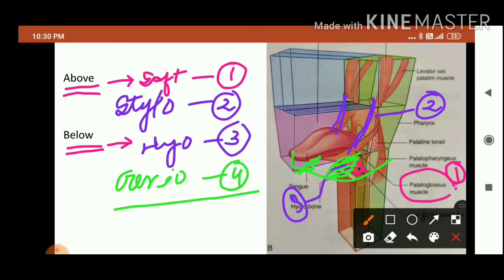So palatoglossus, styloglossus, hyoglossus and genioglossus are the four extrinsic muscles of the tongue, and we are going to discuss the functions of each muscle in our subsequent slides.